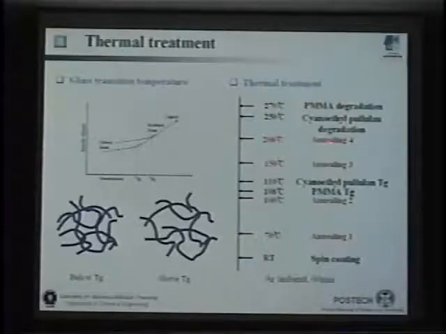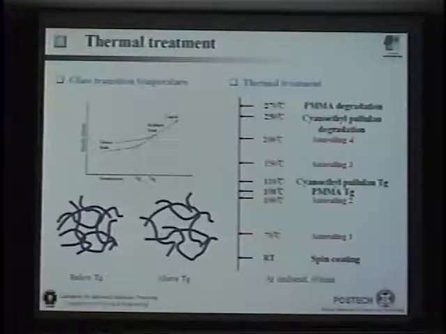Also, you can think about the glass transition temperature for polymers, and it is about 110 or 108 for PMMA and this cyanoethyl fluorine polymer. So the question is, is it better to anneal around Tg, below Tg, or above Tg, or how much above Tg?